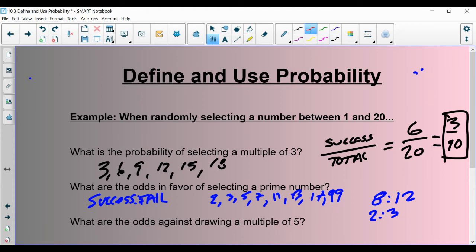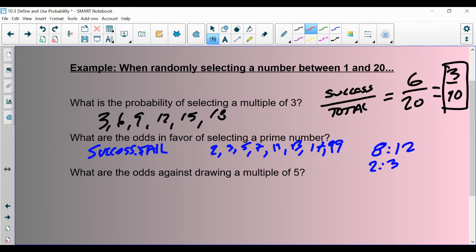And then lastly, this is not our last example, it's just the last one on this page. What are the odds against selecting a multiple of 5? So odds against would be fails to successes. So how many ways are there to fail versus how many ways are there to succeed?